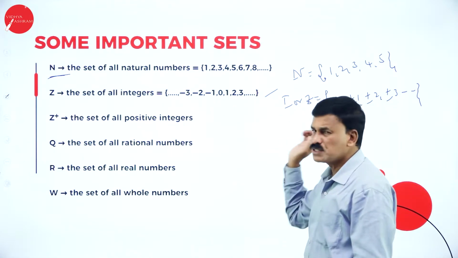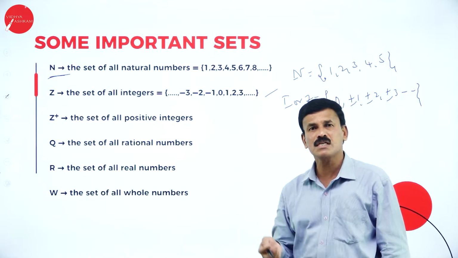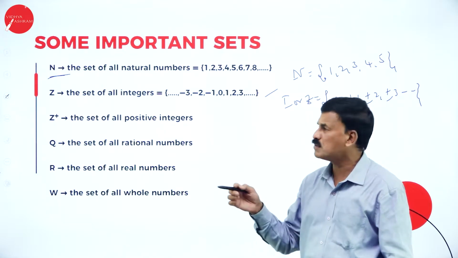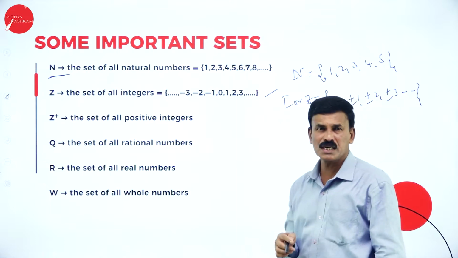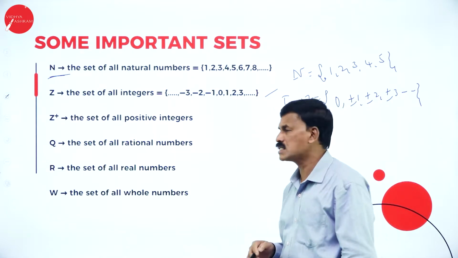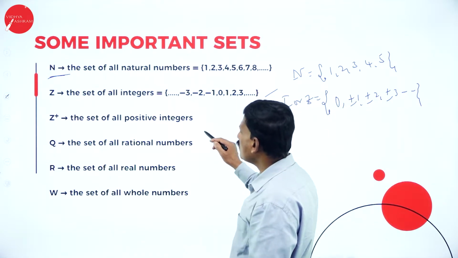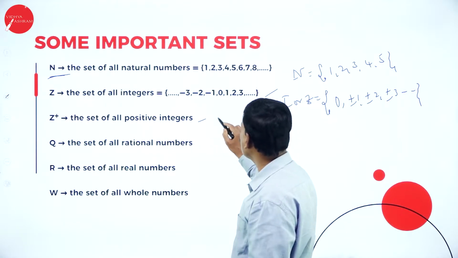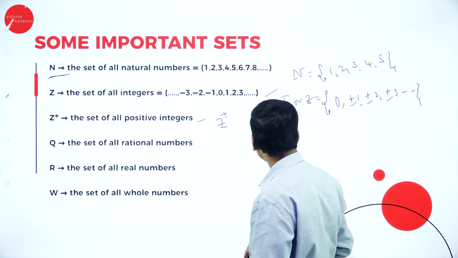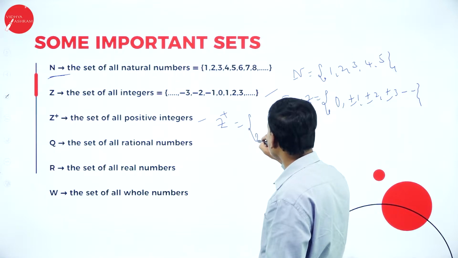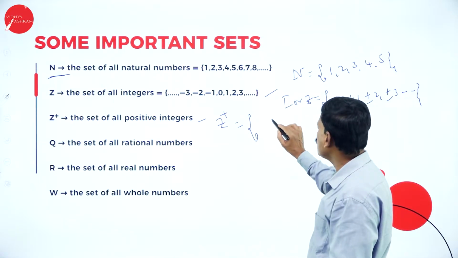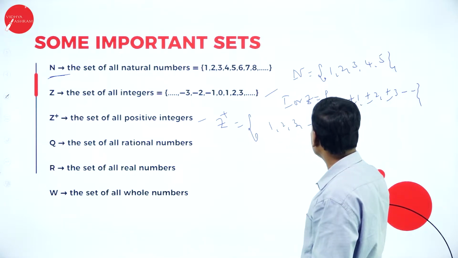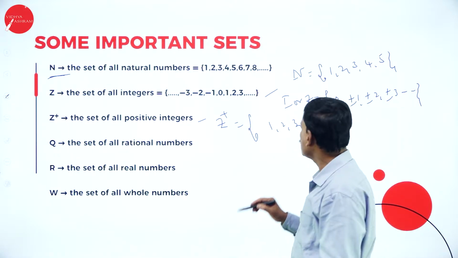So, 0, plus or minus 1, plus or minus 2, plus or minus 3, etc. all come under the set of integers. Now, the set of all positive integers is denoted as Z plus. Z plus is nothing but all positive integers, 1, 2, 3, 4, etc.